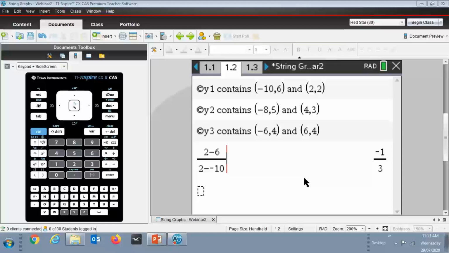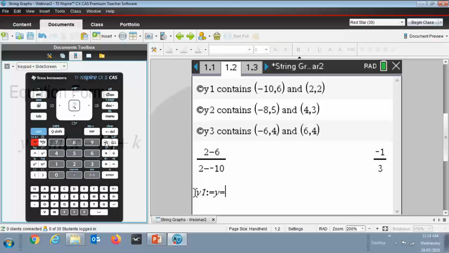Now, to find the equation of y1 and to assign it, we type in y1 down here. We type in y1, and then we press Control Mathematics template. So that's the colon with the equal sign. And our equation is going to be y equals, don't worry about the 2 equal signs there. The first equal sign is part of the assign function. The actual line is y equals.